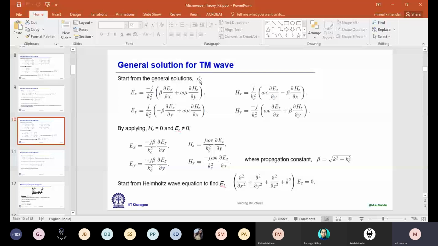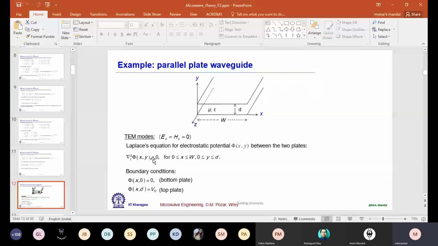Let us take one example better. It is easier to understand with an example. We have two parallel plates, metal plates. They are separated by a distance d, and the width of the metal plate is given as W. Inside, we may have dielectric material or we may not have.